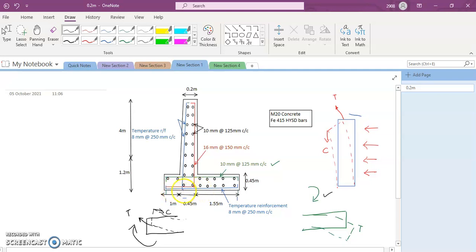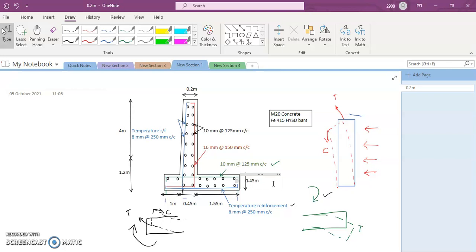Okay, but it needs to extend for a distance of Ld after this part here, a distance of Ld, and after that we can obviously provide the temperature reinforcement of 8 mm at 250 mm center to center, but the distance for which we will be providing the temperature reinforcement will be very less. Okay, so say this is 1 meter of the toe slab, and plus Ld for 10 mm will be around 70 centimeters. So 1.7 meters you're already providing 10 mm bars.